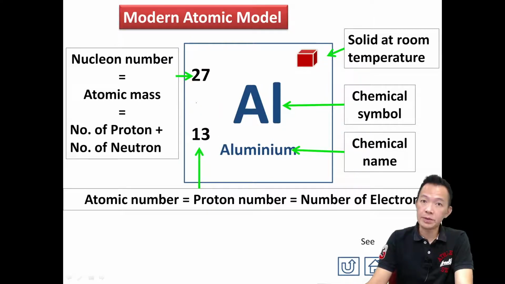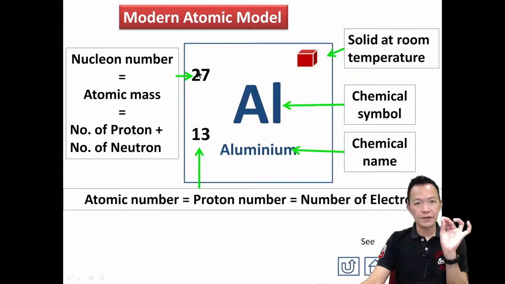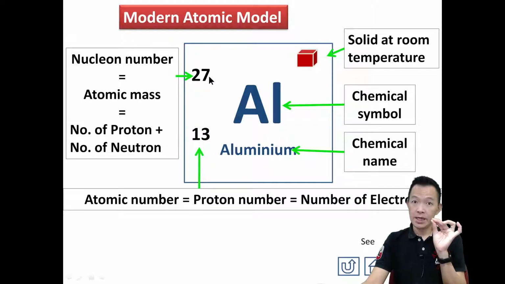How many neutrons are in this nucleus? 14. 14 plus 13 becomes 27. So this 27 is called the nucleon number, also called atomic mass.